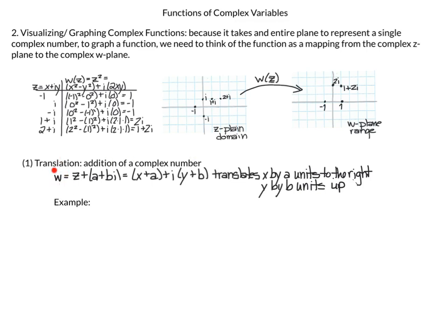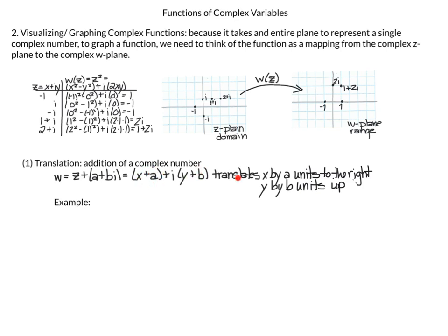So if our function w is equal to our complex number z plus a plus bi, being our constant that we're adding to z, then if z is equal to x plus iy, that's going to add a to x and add b to y.